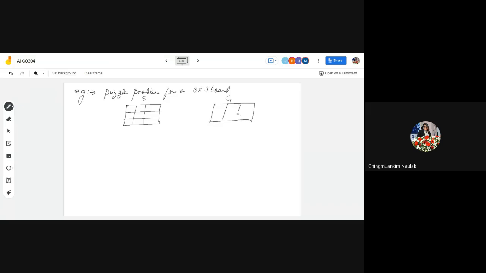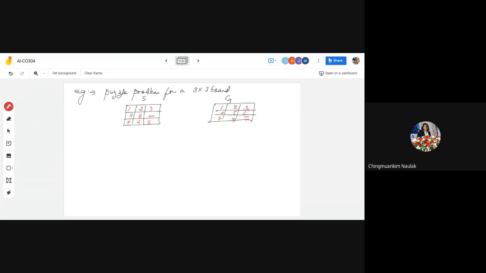So what is the initial state? Let me write it using different colors: 1, 2, 3, 4, 8, 7, 6, 5. These are the given data. And then you are to achieve this goal. You have to make this initial state exactly the same as the goal state: 4, 5, 6, 7, 8.